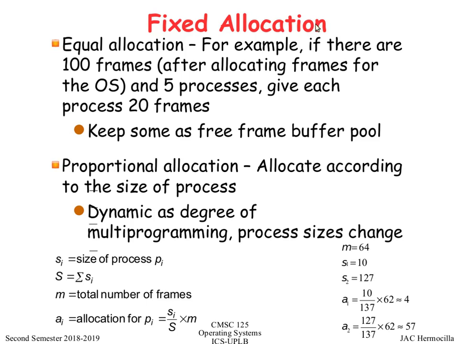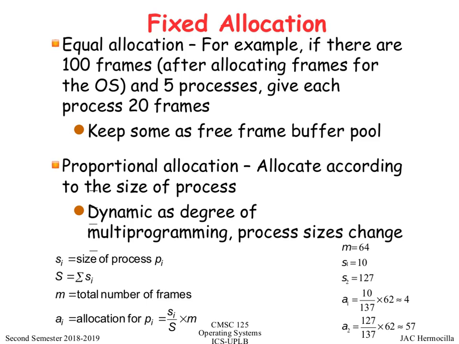For example, if there are 100 frames, after allocating frames for the OS. Remember, the kernel is always in memory. Okay? It is always in memory, it manages everything. And it loads a process, okay? /hello.exe.